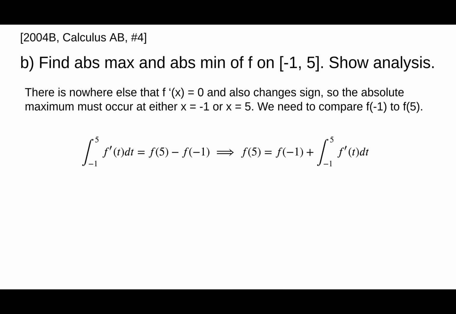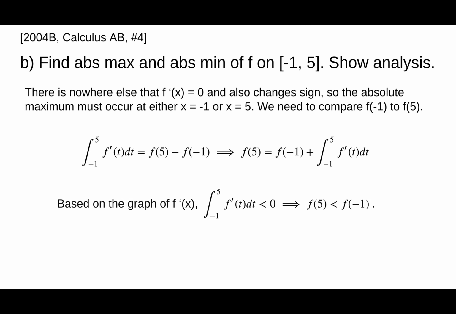The integral from -1 to 5 of the f prime function t dt, by the fundamental theorem, is f of 5 minus f of -1. Okay, but this is often rearranged in order to calculate function values. I can rearrange that equation and say, well, f of 5 is then f of -1 plus that integral, the integral from -1 to 5 of f prime of t dt.